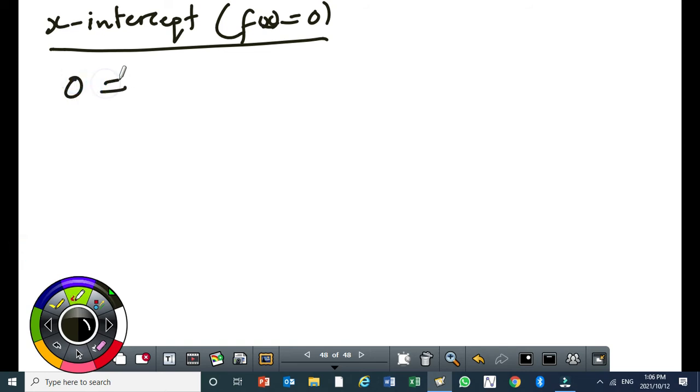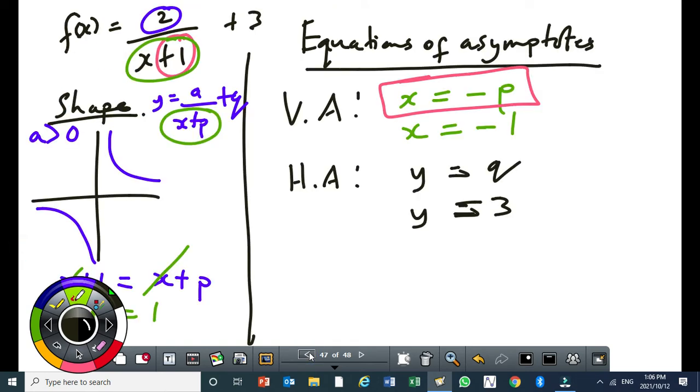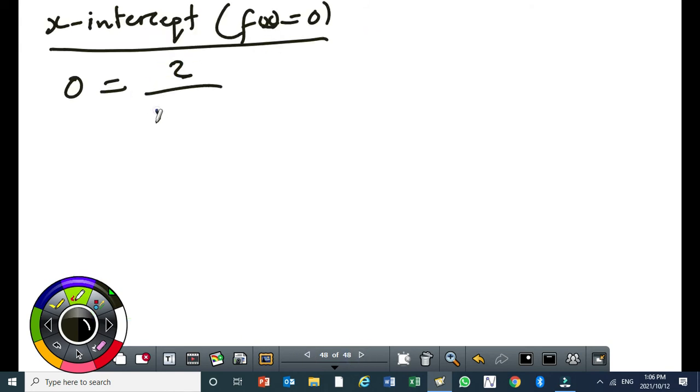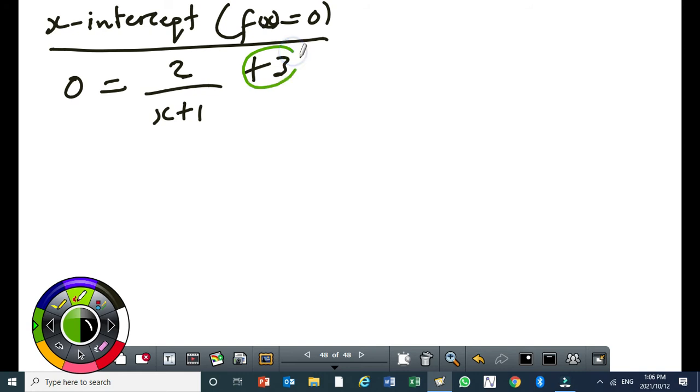So 0 will be equal to 2 over x plus 1, plus 3. Now, after substituting y equal to 0, please don't complicate things. Take this positive 3 to the left, you get minus 3 equal to 2 over x plus 1.